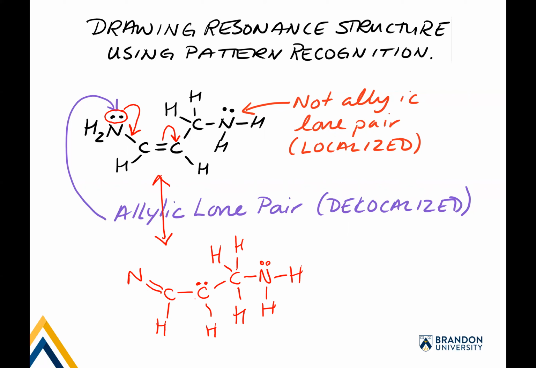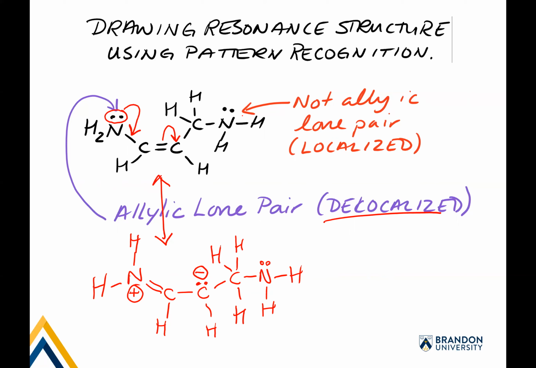We need our formal charges, minus and plus. So allylic lone pairs can be delocalized into the pi system. So we would say that these lone pairs can be delocalized.